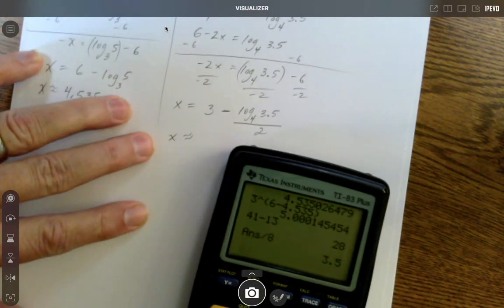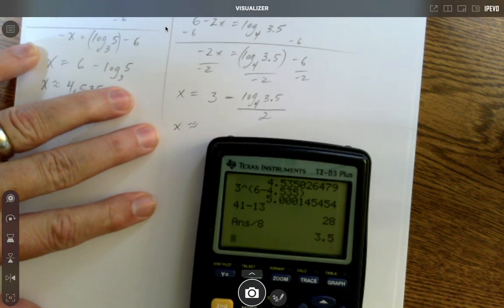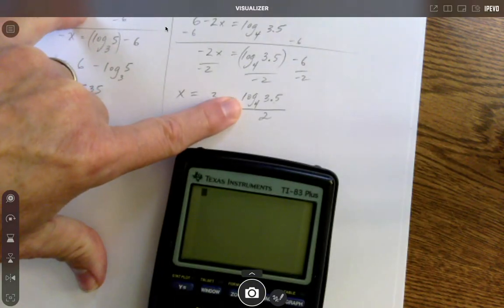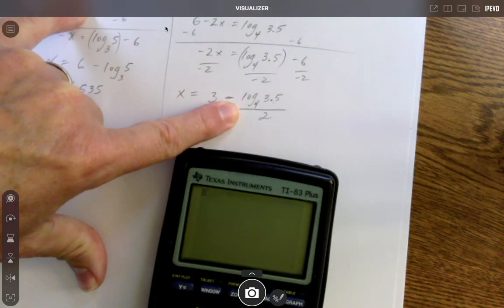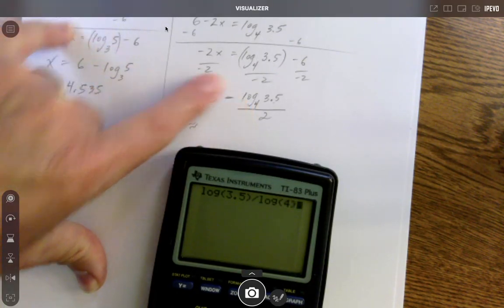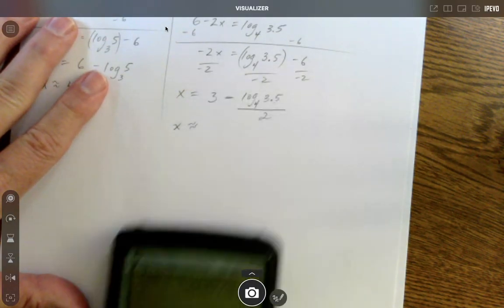Let me go ahead and just get this number first. There's a lot going on here. So I'll do log of 3.5 divided by log of 4. It's about 0.9037.